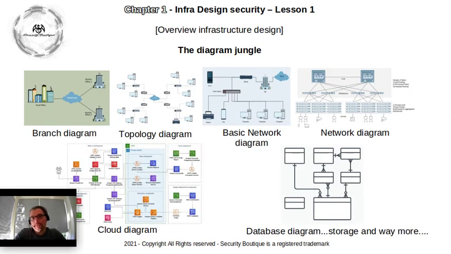There is a problem that is extremely practical: there is no standard for diagrams. So if you are an IT security consultant, you'll find problems because everybody will give you a different type of diagram.